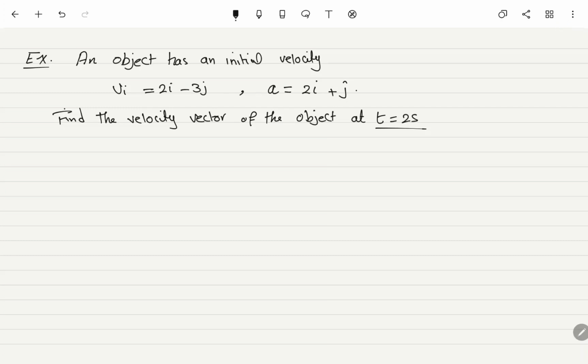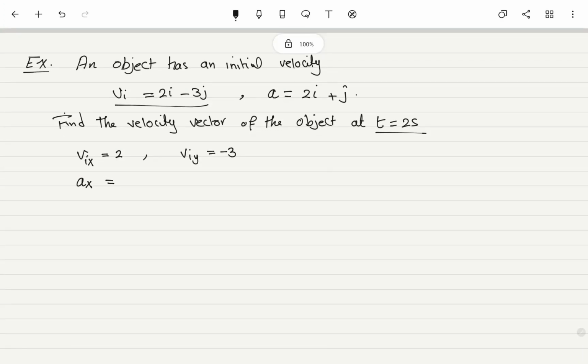From the given information, v initial x equals 2, and v initial y equals minus 3. Same thing for the acceleration: ax equals 2, and ay equals 1. So we have set all the information, and we have everything here.